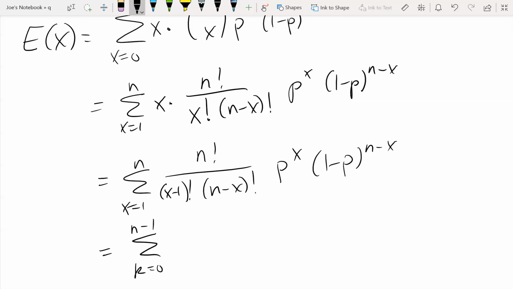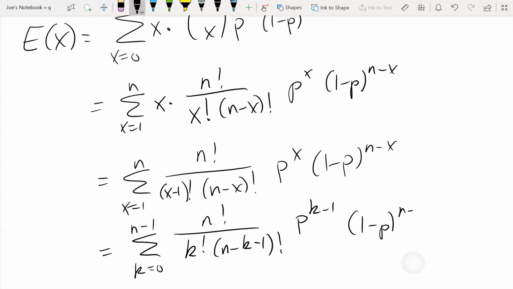So we'll get n factorial on top, k factorial, n minus k minus 1 factorial, p to the k minus 1, 1 minus p to the n minus k minus 1. K plus 1 is x, so I can think about putting in k plus 1 everywhere I see x.